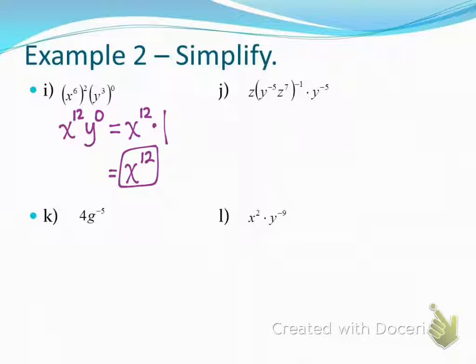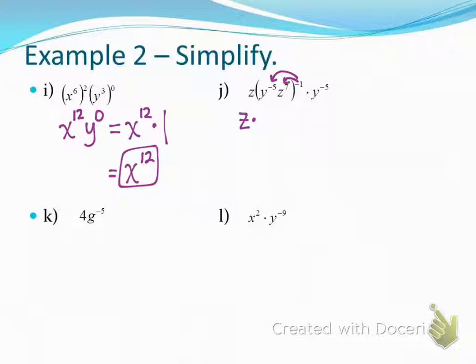All right, letter J has a lot going on. I still think the first thing that I want to do is get rid of those parentheses. So that -1 outside the parentheses only goes to whatever's in the parentheses. So it's going to go to that y inside and the z inside. The z on the outside is just going to stay there. It's just getting multiplied to whatever else we get.